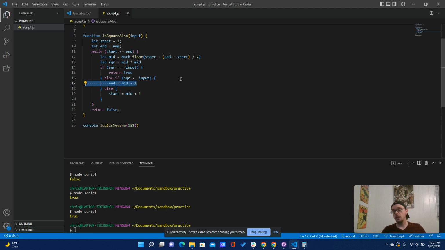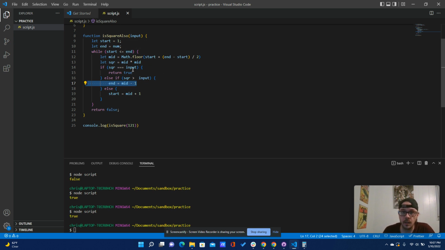8 times itself is 64. That's going to be greater. Now what's going to happen? The end is now going to equal the mid, which is 8 minus 1, 7. So now our start is 7 and our end is 7.